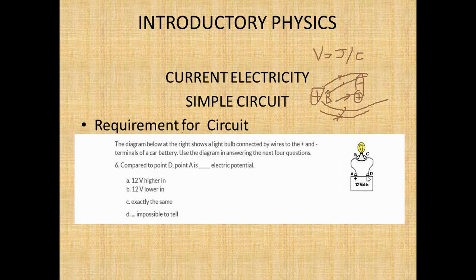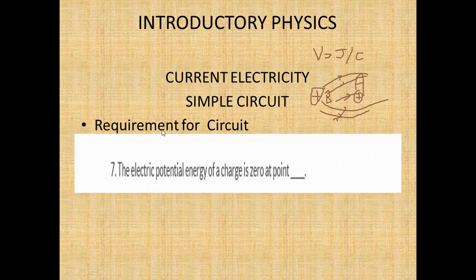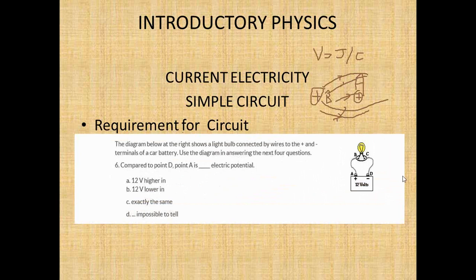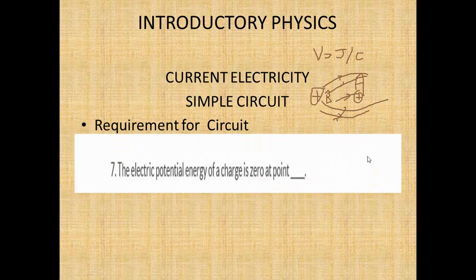The low potential terminal is 0. So the electric potential energy of a charge is 0 at point D.